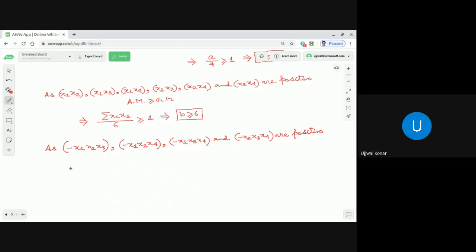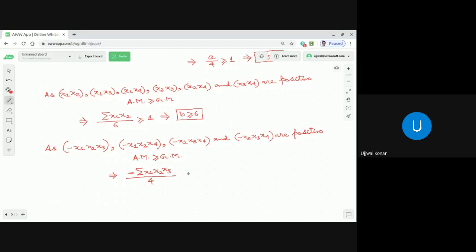So from here, what are we going to get? As these are positive, here also we are going to apply the concept that arithmetic mean is greater than or equal to geometric mean. So what is the arithmetic mean here, dear students? It is the negation of the summation of the triple products, divided by how many terms? 4 terms.